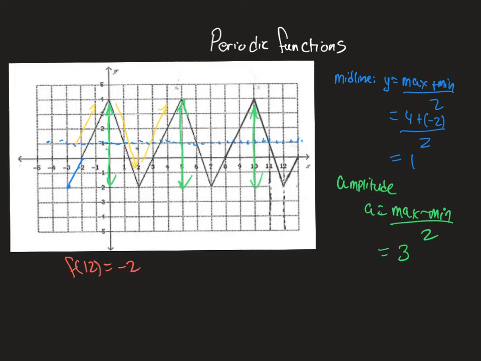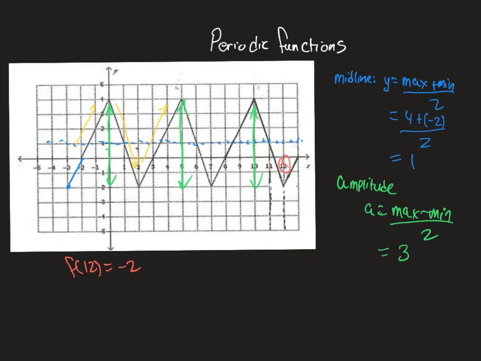I can always just extend it. But let's see what we can guess here. If this is my 12, and I'm saying it's going to be negative 2, how can I guess that without actually drawing it?